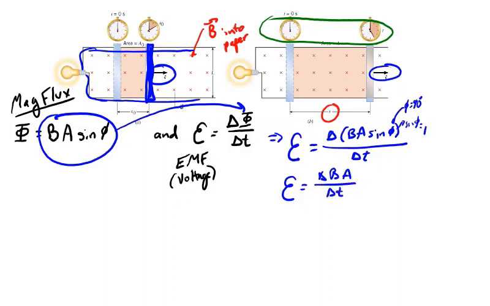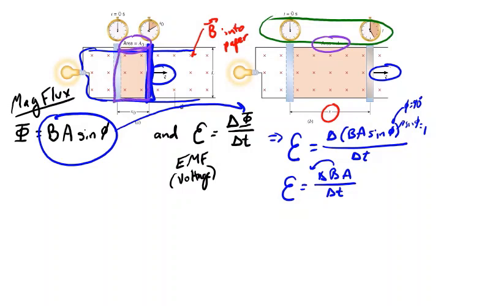Now I'm going to change this a little bit. Let's assume that our magnetic field is not changing, so I can pull it out of this little delta, but I actually have a change in area. I start off with a certain area here, and then the area gets bigger. If I think about this basically being a rectangle, how do I find the area of a rectangle?